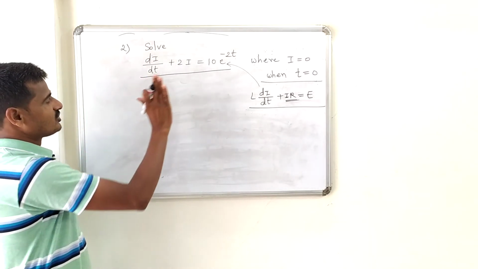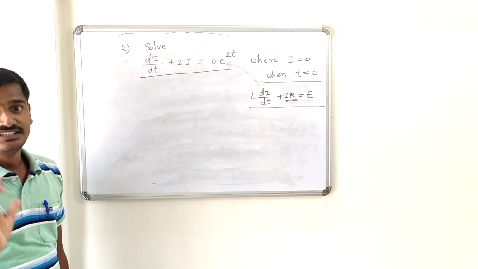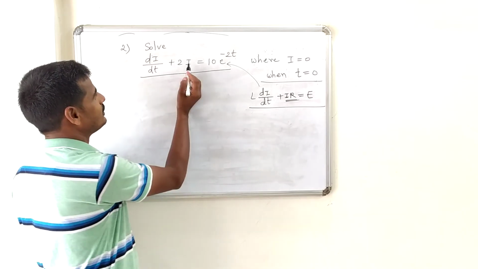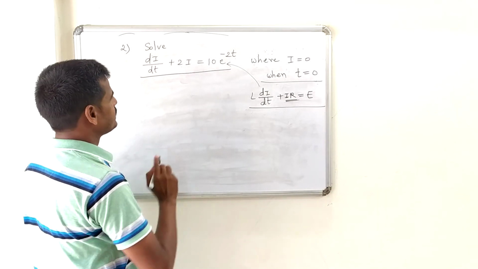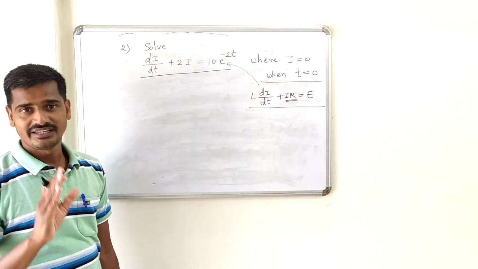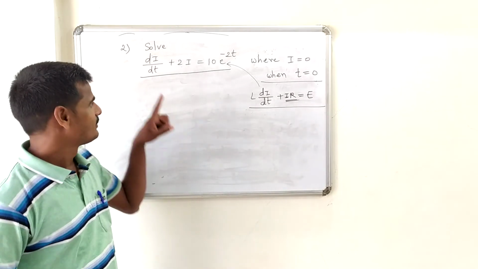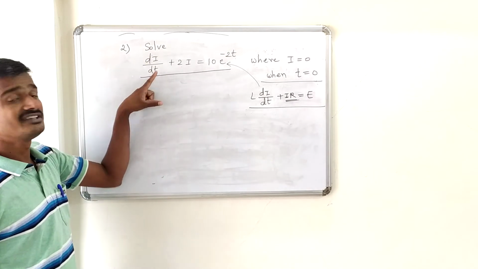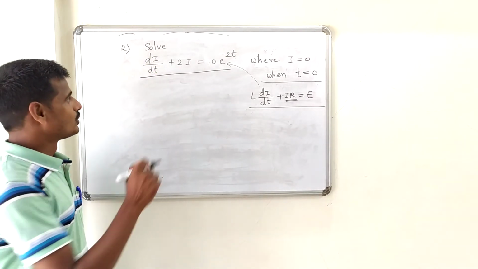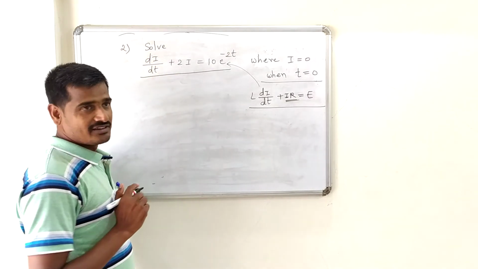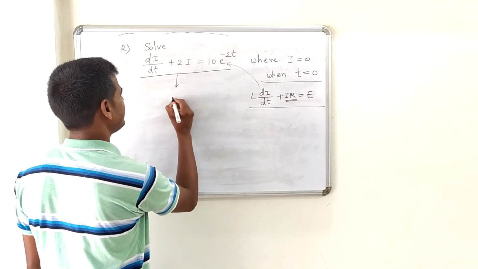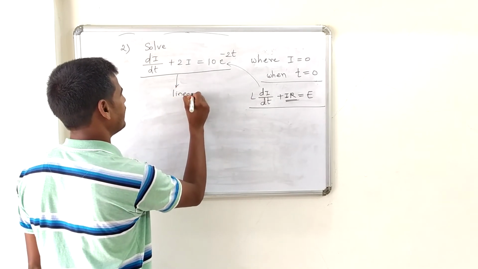Now first of all verify, is it linear? Is it in the form dy/dx + P(x)y = Q(x)? Remember that I is the dependent variable and t is the independent variable.